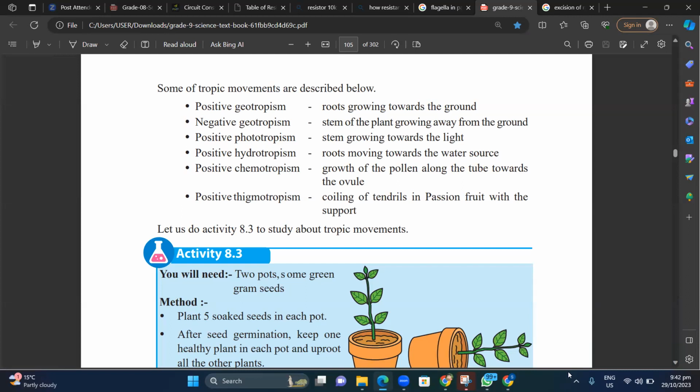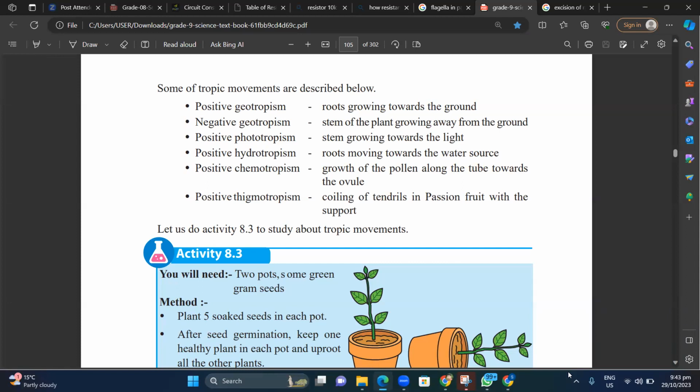So phototropism means it's because of light. Hydro means because of water. Chemo means because of a chemical reaction. Geo means because of the land. Thigmo is basically kind of a trigger, a support kind of thing.